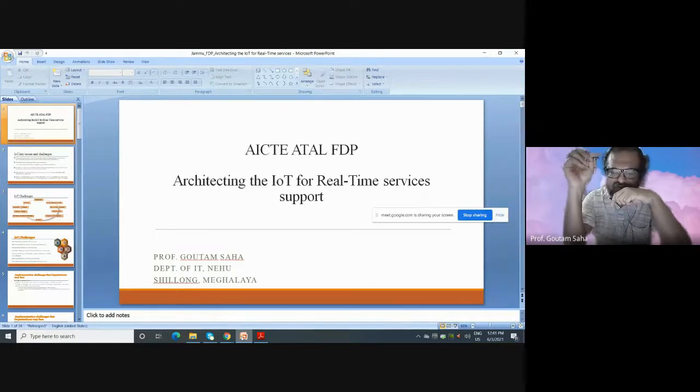So go for it, because definitely if you develop something, it will cost much less than the foreign countries. For example, I'm telling you, for example, this is an IoT device.